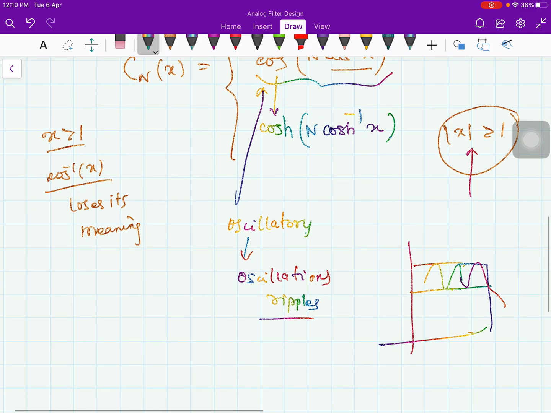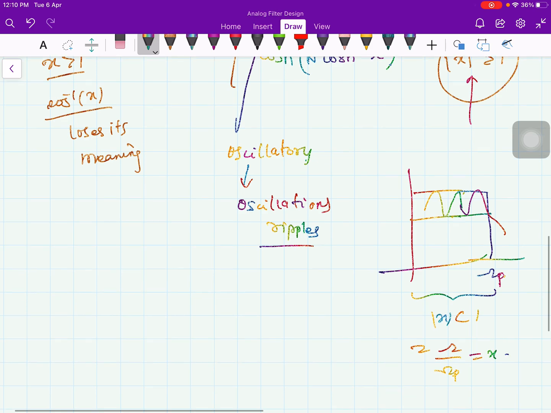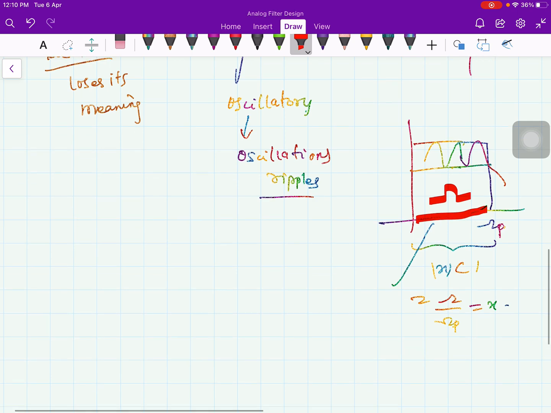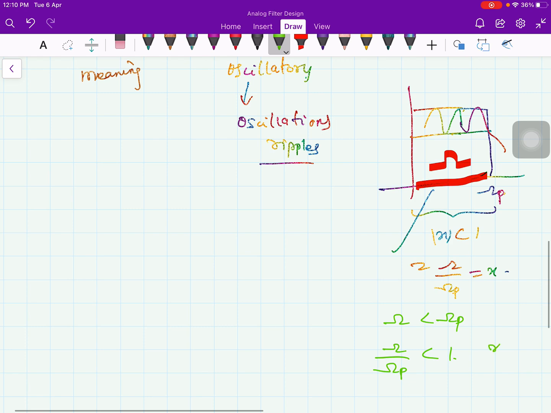So this is omega p. In this region mod of x is less than 1, because we assumed omega by omega p is equal to x. Here omega is less than omega p, therefore omega by omega p is less than 1. That means mod of x is less than 1.